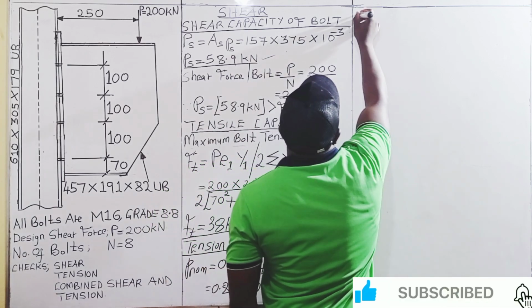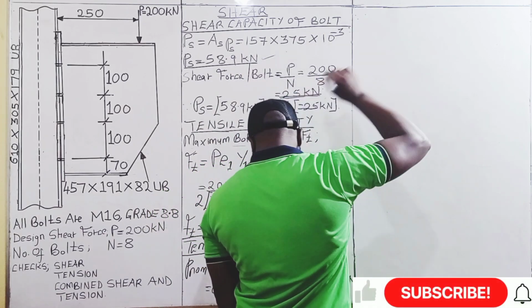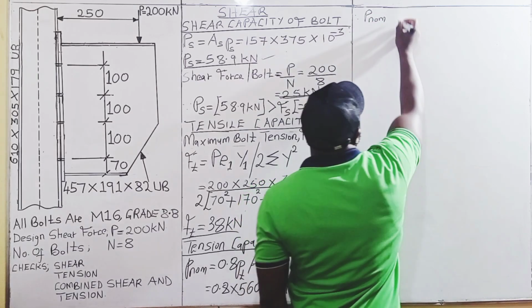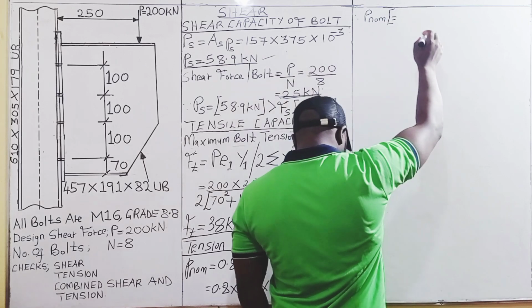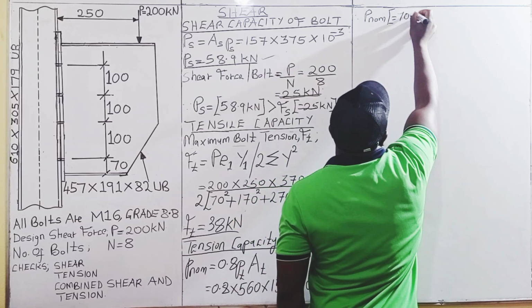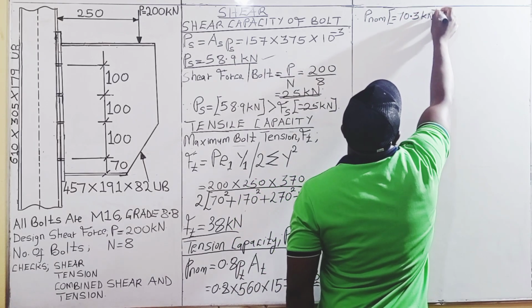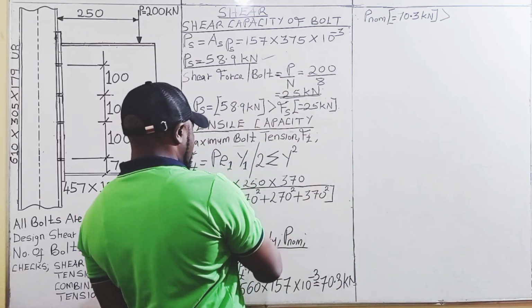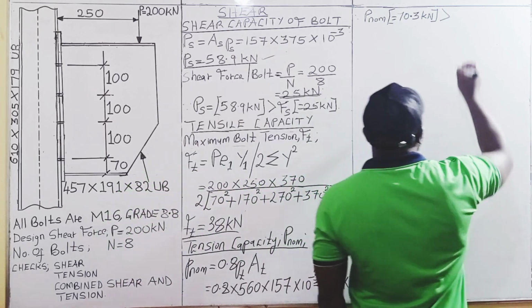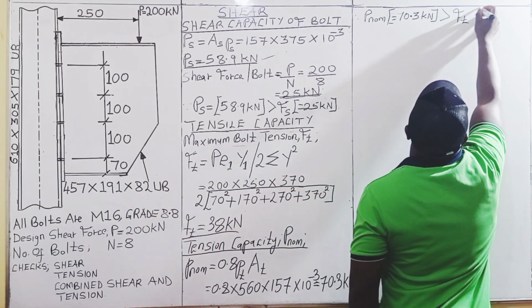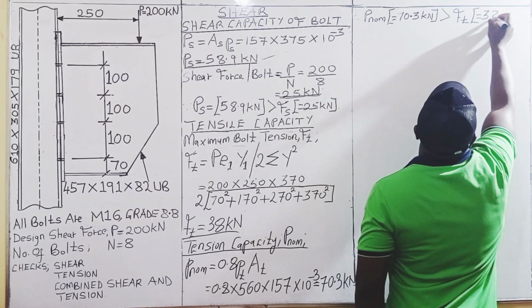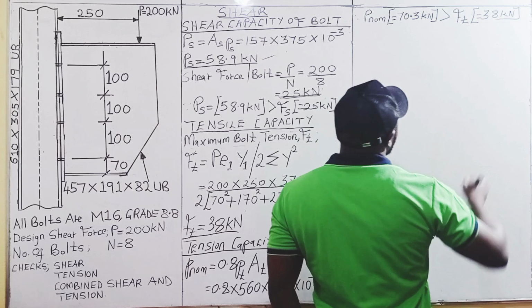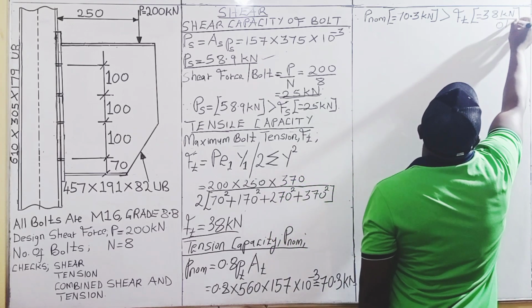Therefore, since PNOM, that is the tension capacity of the bolts, which is equal to 70.3 kilonewtons, is greater than the maximum bolt tension Ft, which is 38 kilonewtons, then it means that under tension, our bolts are satisfactory.